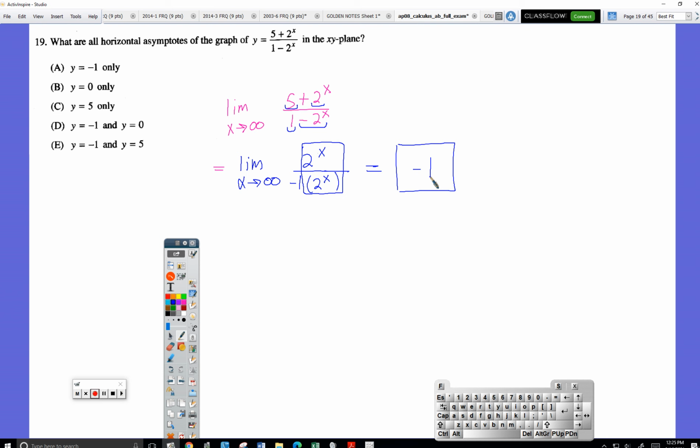Now, as Spencer said, we need to check the other limit. So we go to the limit as x approaches negative infinity. You have to remember from a previous class that 2 raised to an extremely negative number is extremely small. Therefore, now the dominant terms are the 5 and the 1.